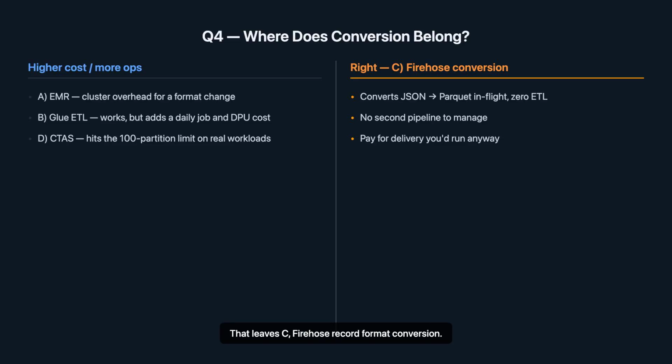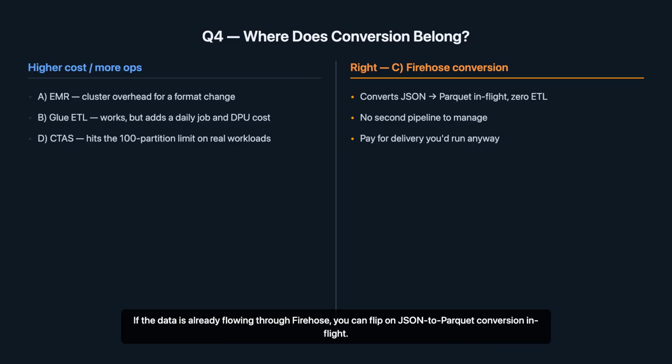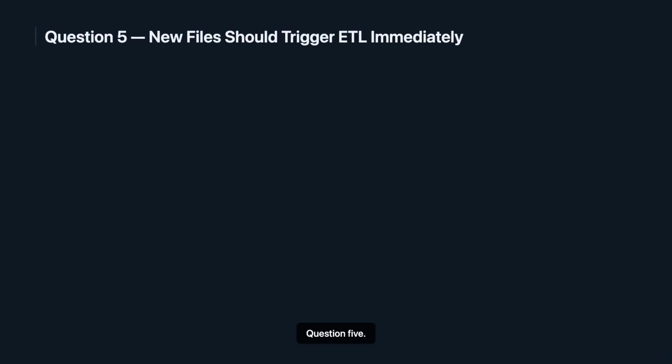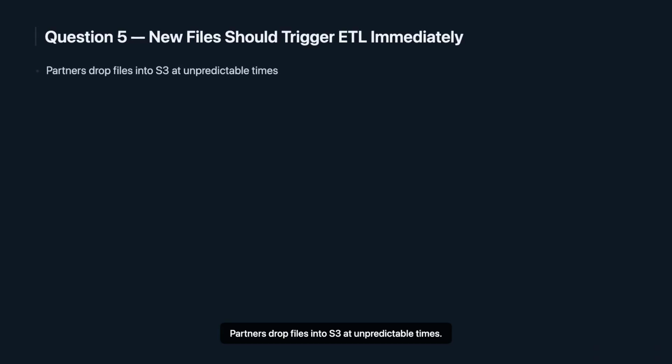That leaves C. Firehose record format conversion. If the data is already flowing through Firehose, you can flip on JSON to Parquet conversion in flight. No second pipeline, no extra compute, and you pay for delivery you'd run anyway. C wins.